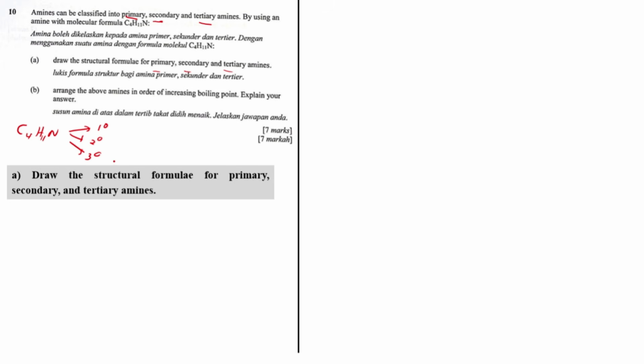The easiest one is to start with the primary amine first, in which it has 4 carbon. So for the primary, when you have 4 carbon, it's going to become 1, 2, 3, and 4 carbon, and then the last one here will be attached with NH2.